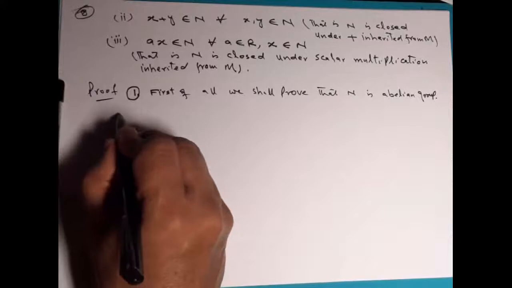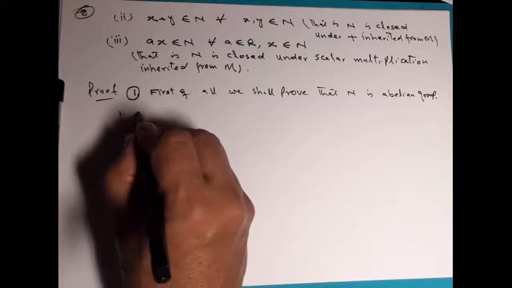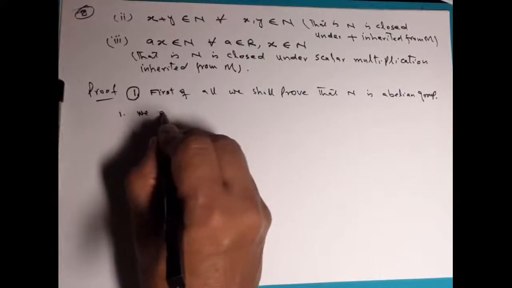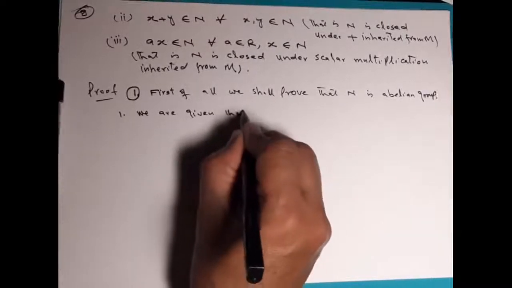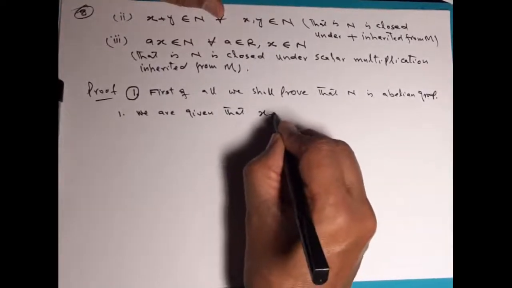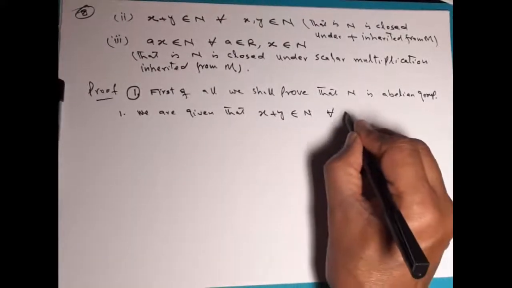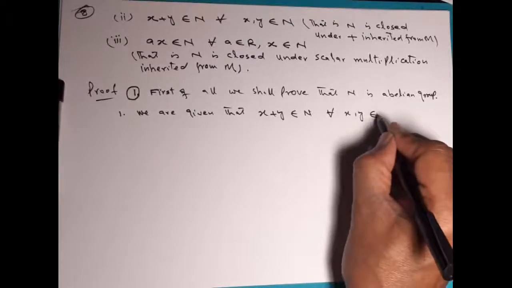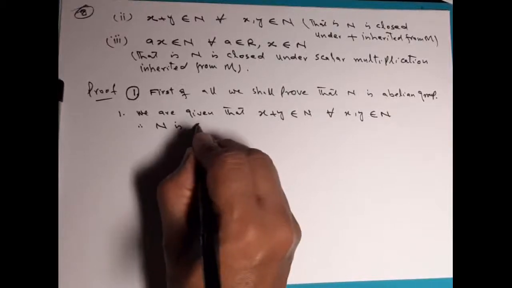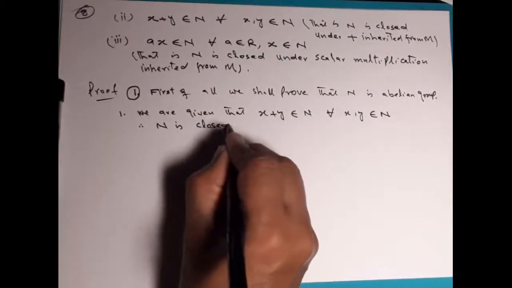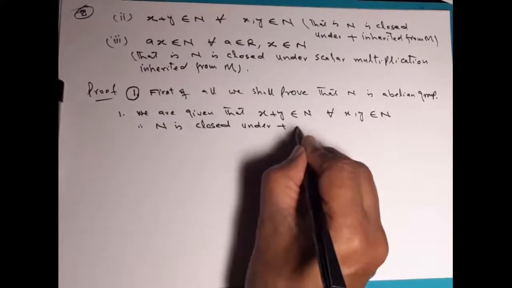For this, note that we are given that x plus y belongs to N for all x, y belonging to N. So therefore N is closed under addition.